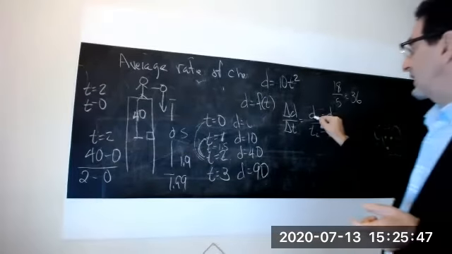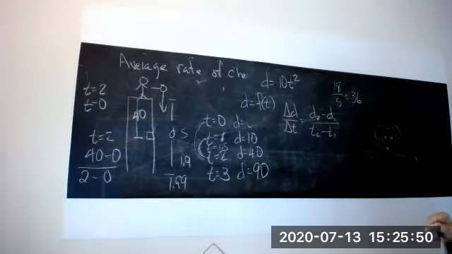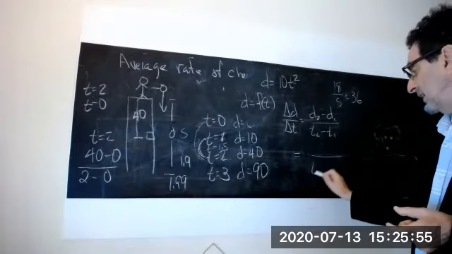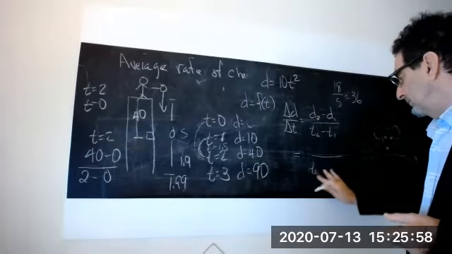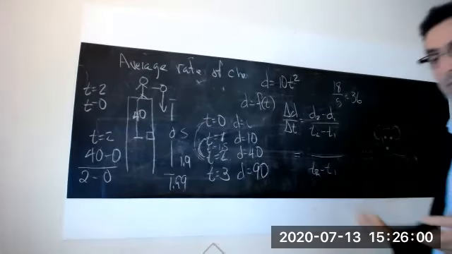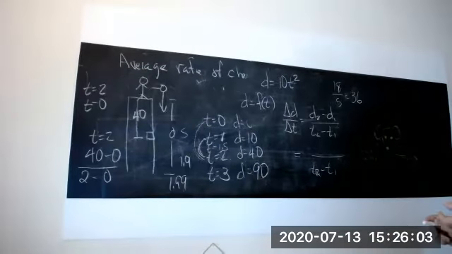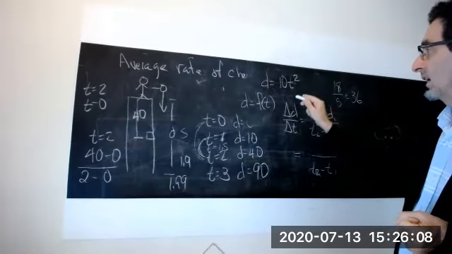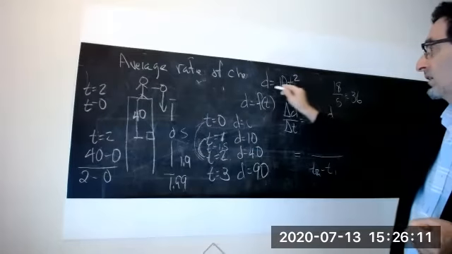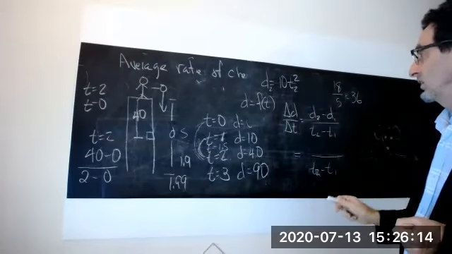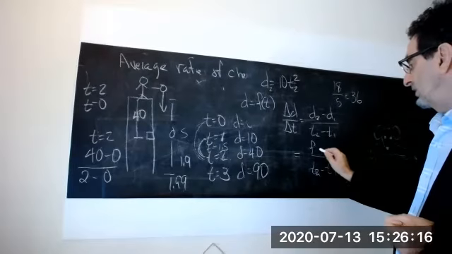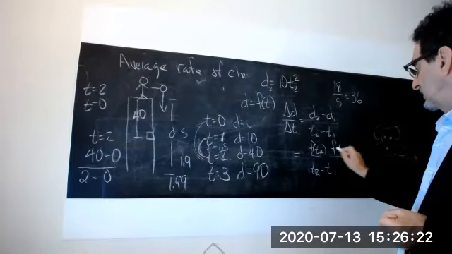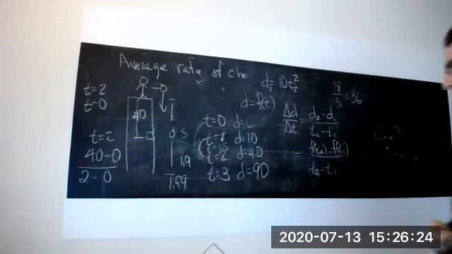Instead of writing d, let's write the function of t. We can rewrite this, leaving the bottom the same, t2 minus t1. But instead of d2, I'll write f of t2, because I get d2 by putting in t2. So it's f of t2 minus f of t1. Okay, so that's what we're doing.